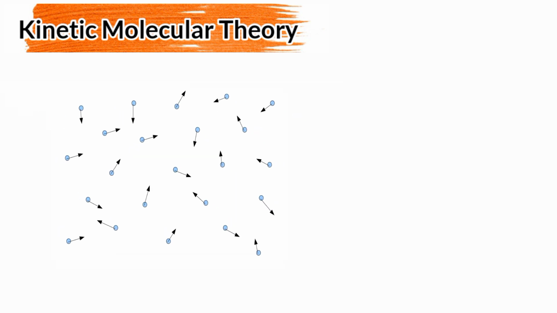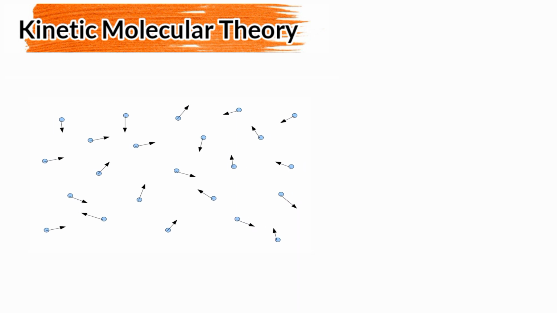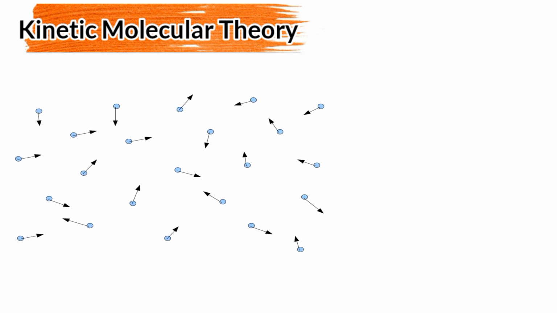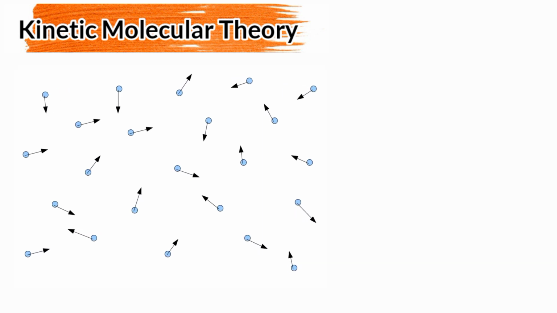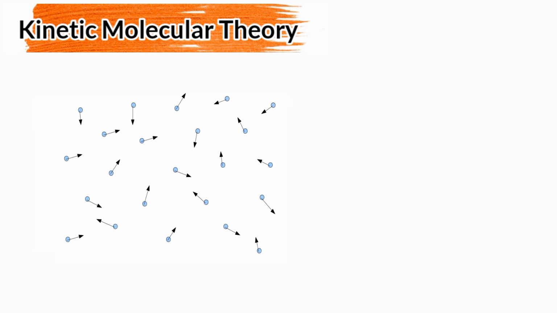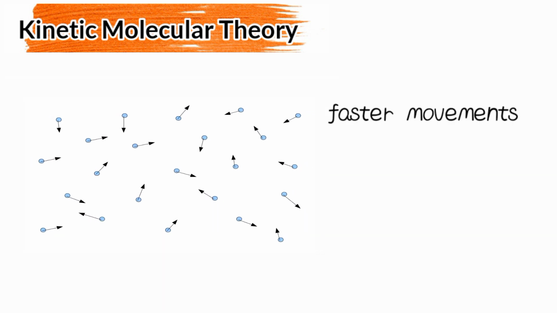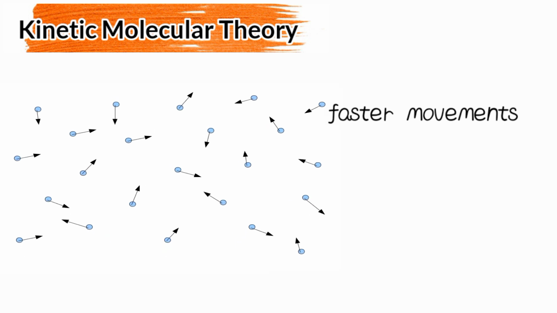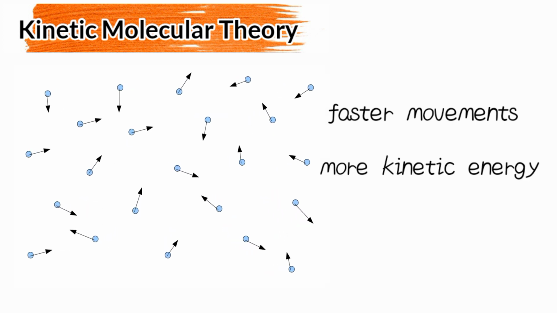Kinetic molecular theory tells us that all matter has molecules or atoms which are constantly moving, thus, they have kinetic energy. Molecules are constantly moving but at different speeds and in different directions. Moreover, the faster these molecules move, the more kinetic energy they have.